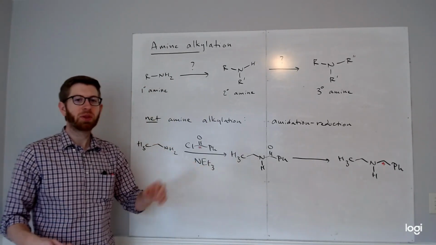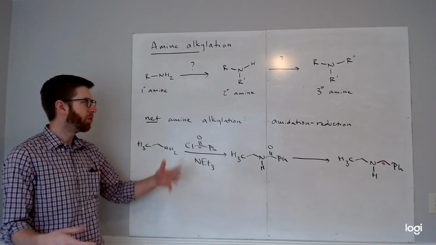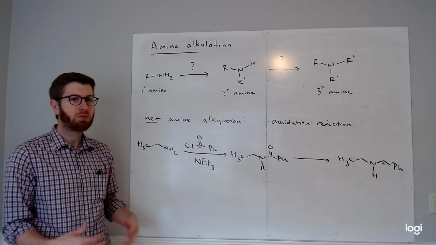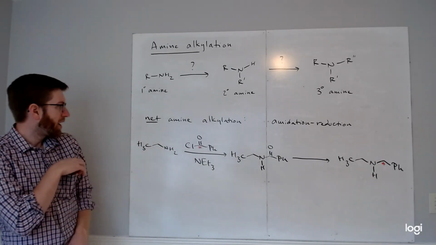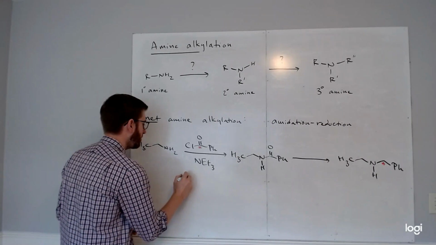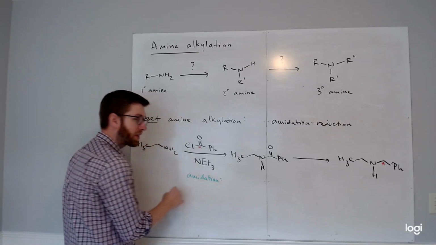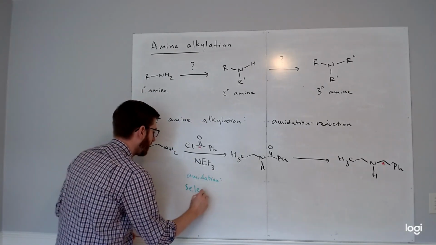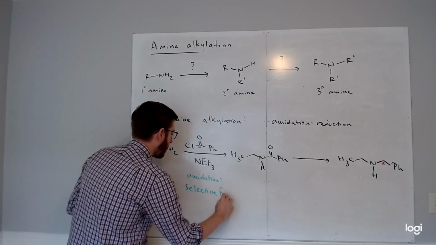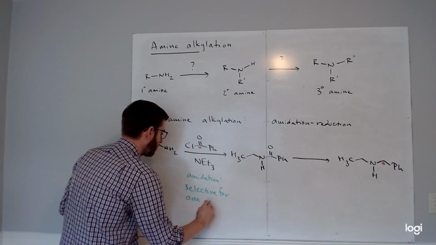I don't have to worry about this over-alkylation step or an over-amidation. That's really not an issue in most situations. So here's my amidation. This is going to be selective for one new group added.